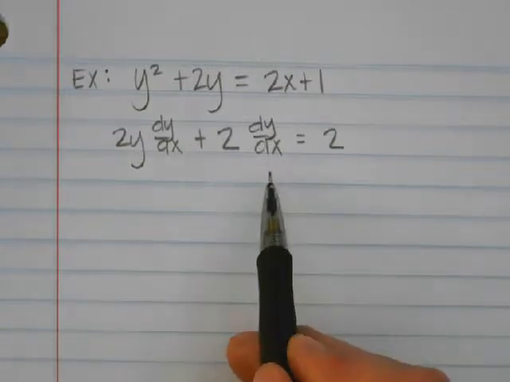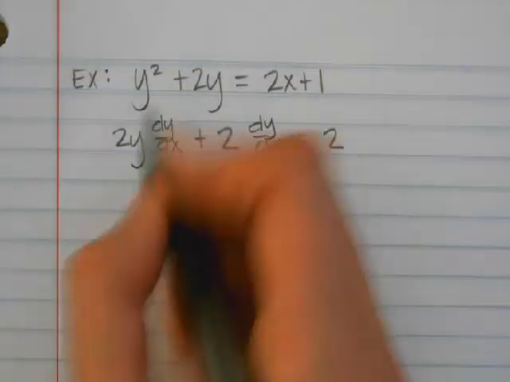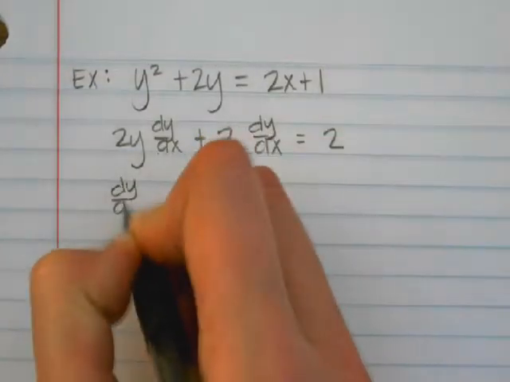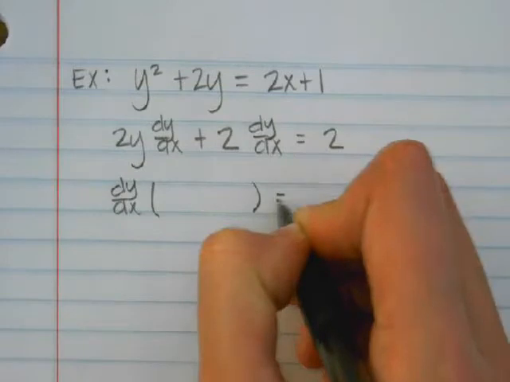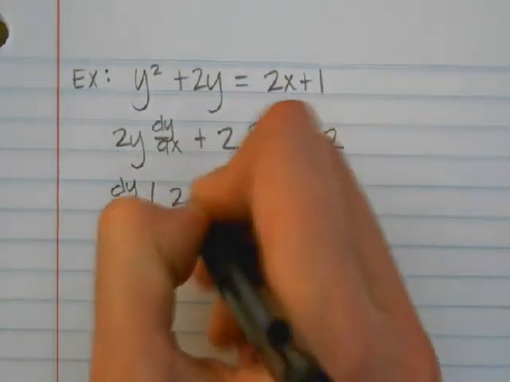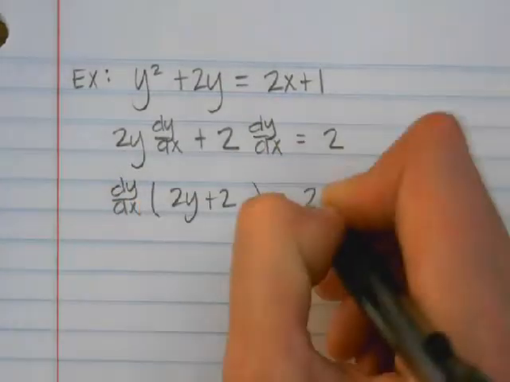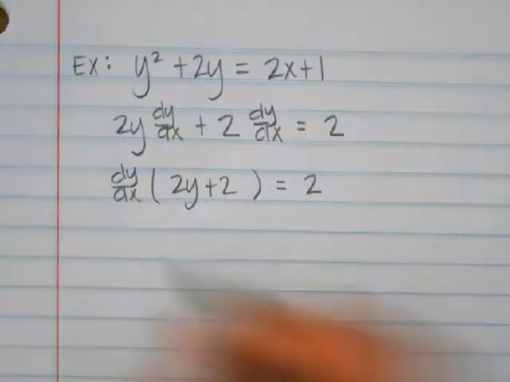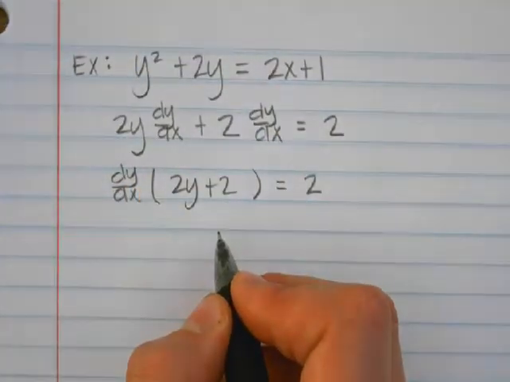I divide by dy dx? No, it's GCF. You take it out like a GCF. And so what goes inside my parentheses? And then what do I do?